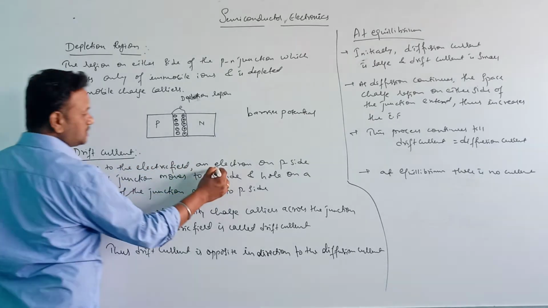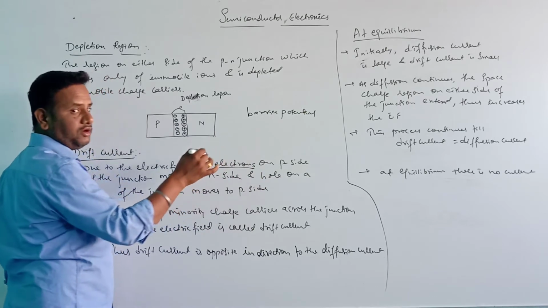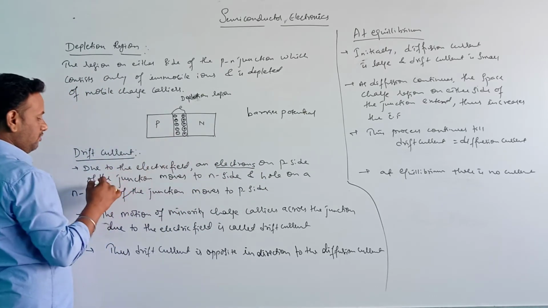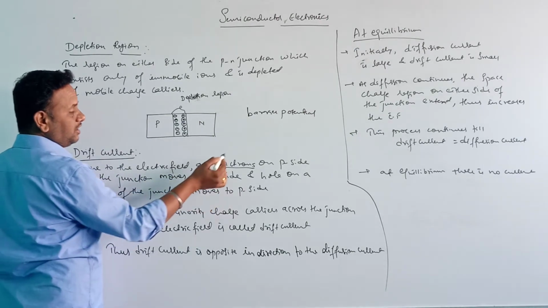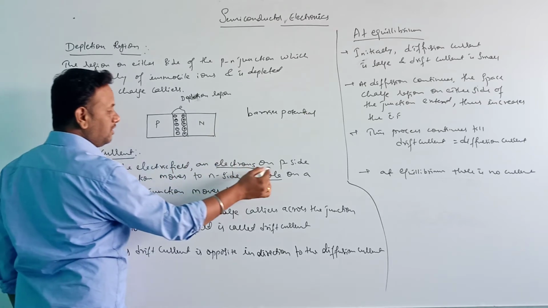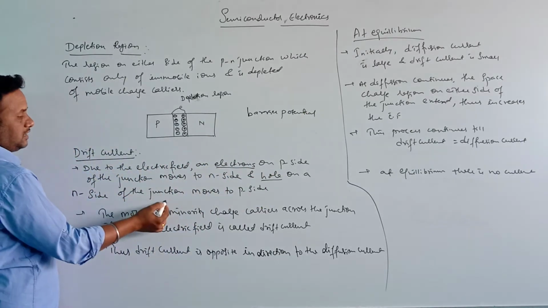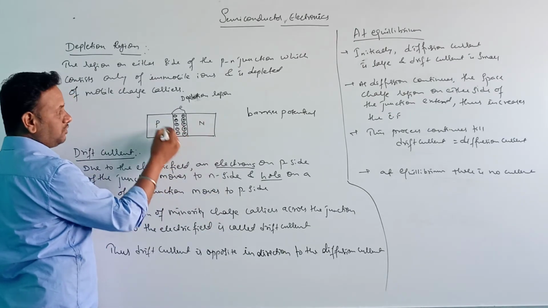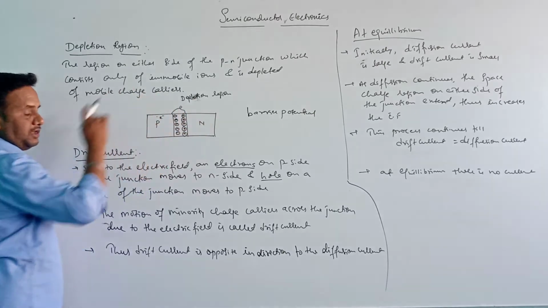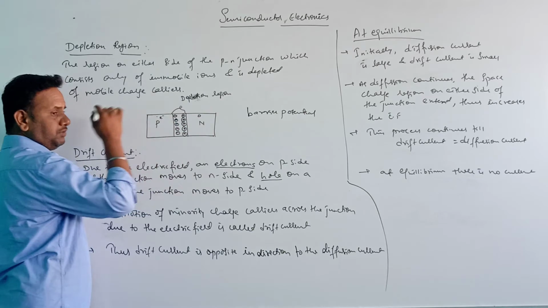So the electrons, the minority charge carriers on the P side, will move towards the N side, and the holes, the minority charge carriers on the N side, will move towards the P side. The minority electrons from here will come to the N side, and the holes present here will come to the P side.